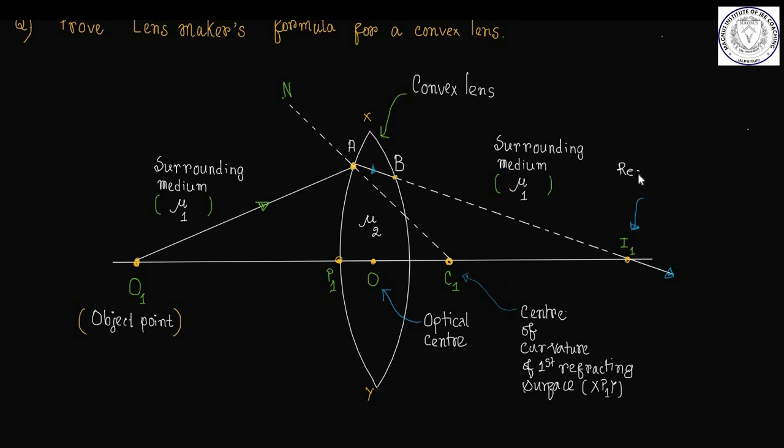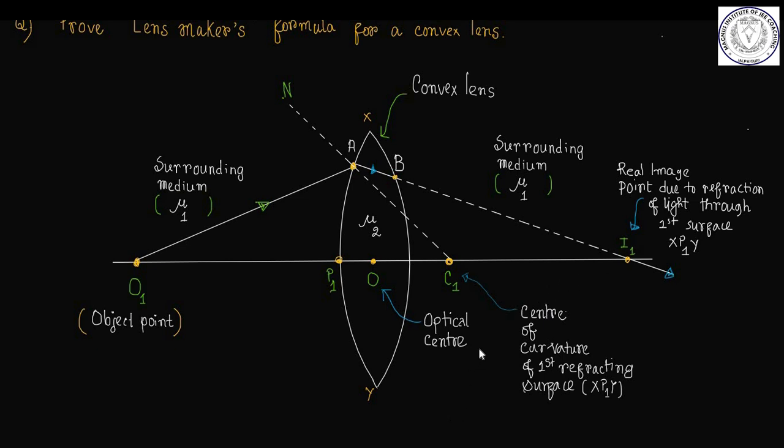I1 is the real image point due to refraction of light through the first refracting surface xp1y of the convex lens.